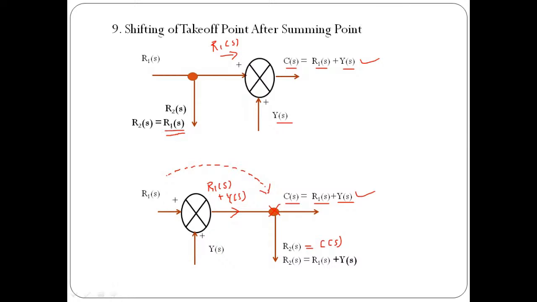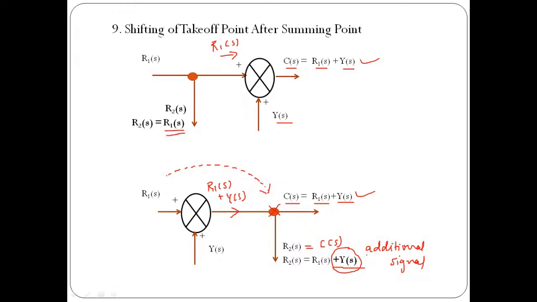Previously we were getting the value of feedback signal as R of S. Now in this case we are getting the value of feedback signal as R of S plus Y of S. So this plus Y of S we are getting as an additional signal. So what we need to do? We need to do something over here so that we will neglect or remove this additional signal in the feedback path.